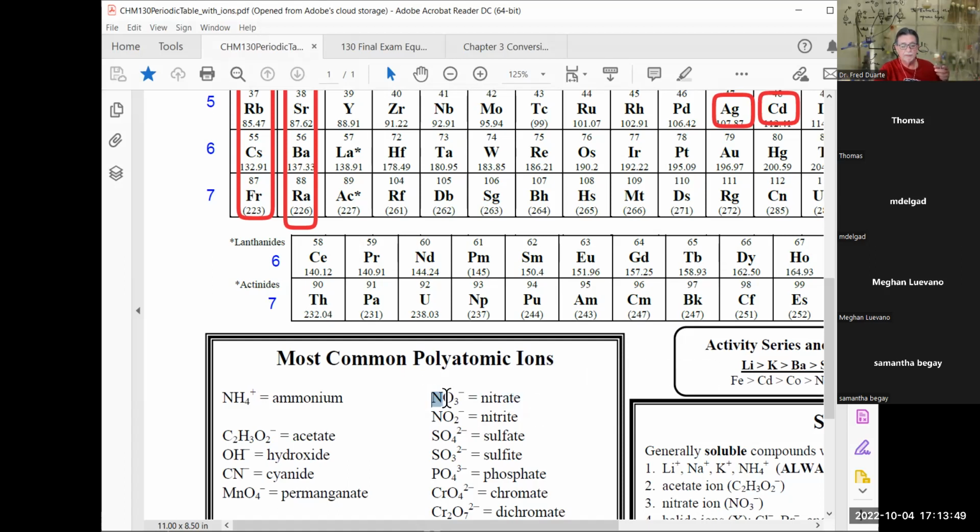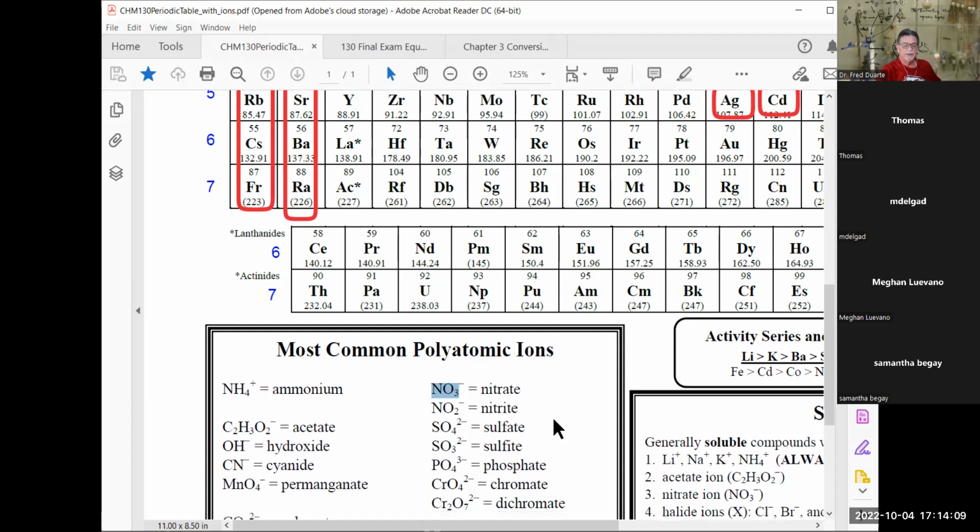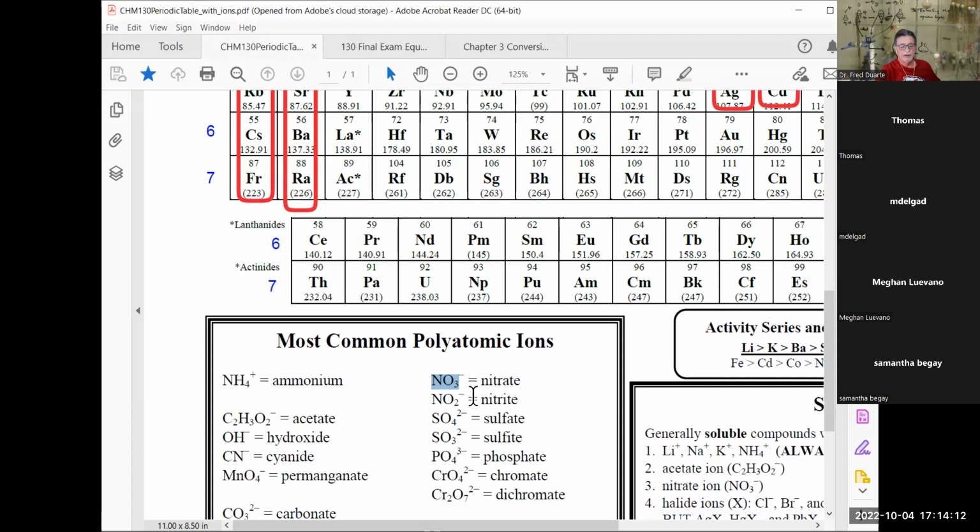So this polyatomic ion, for example, has a nitrogen bonded to 3 oxygens, and it has an overall -1 charge. Its specific name is nitrate. It's not nitrogen trioxide or anything like that. It's called nitrate, and this is true for all the other ones. Now, if we need to show more than one of these nitrates, we write parentheses around it, and then a subscript.